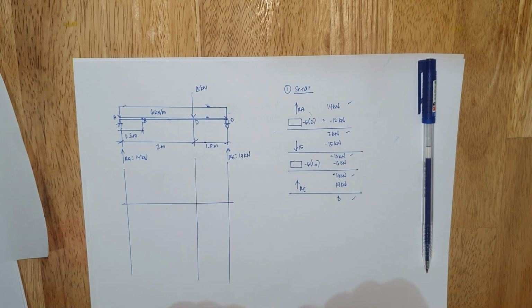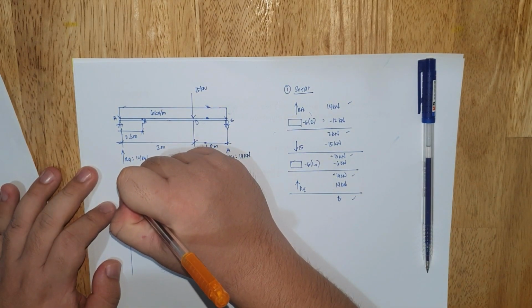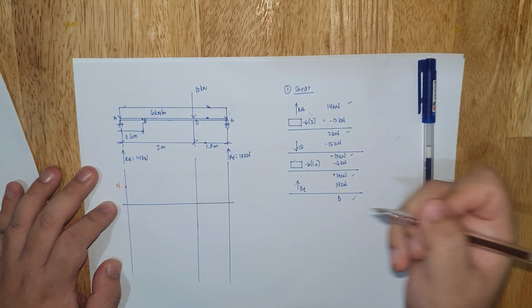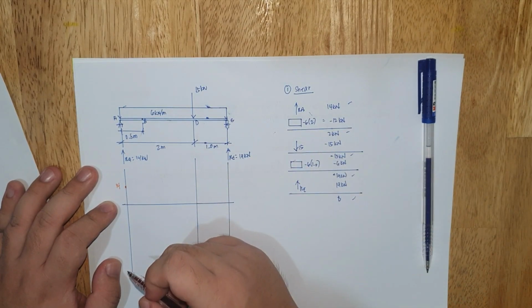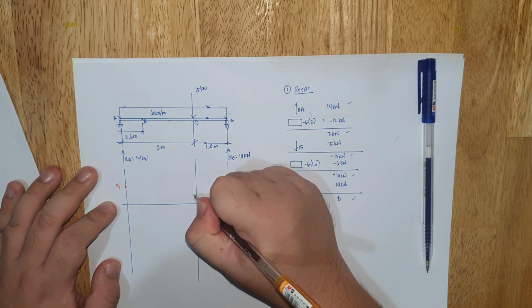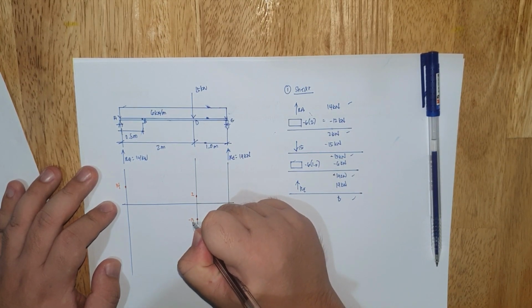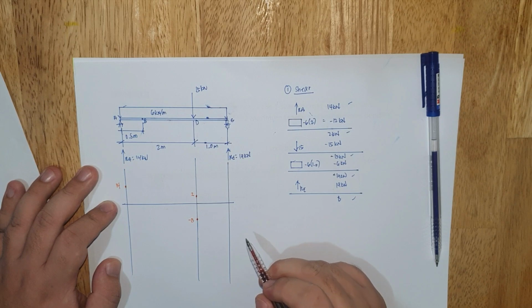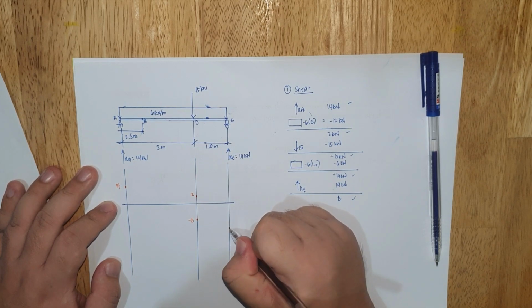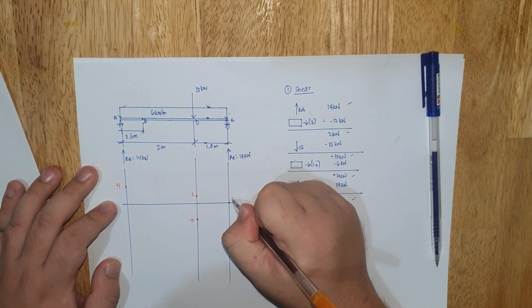Okay, let's start with 14 positive, then 2, magiging negative 13, then rectangular magiging triangular, so negative 19, then magiging 0.